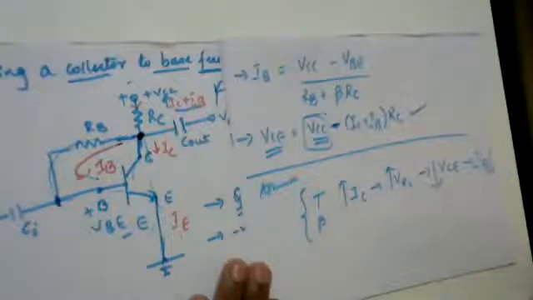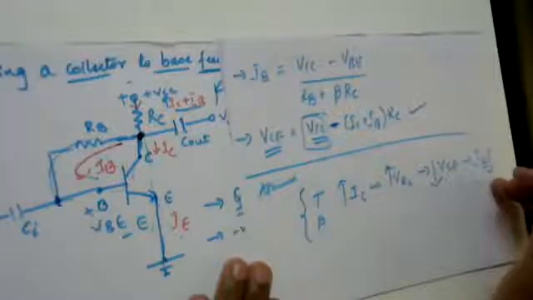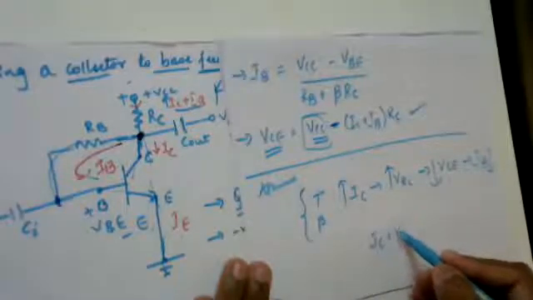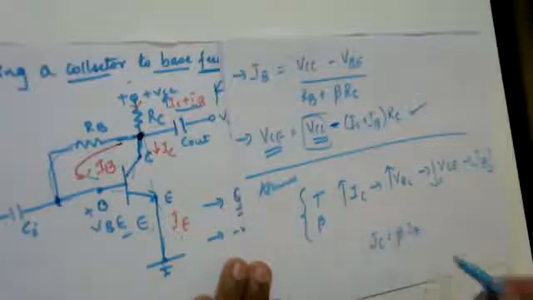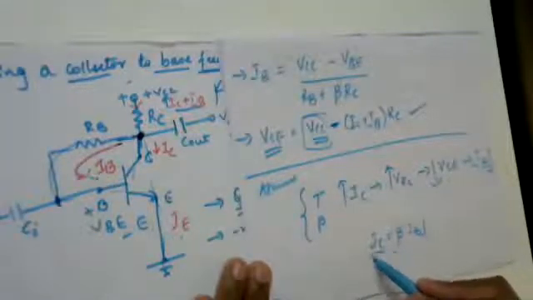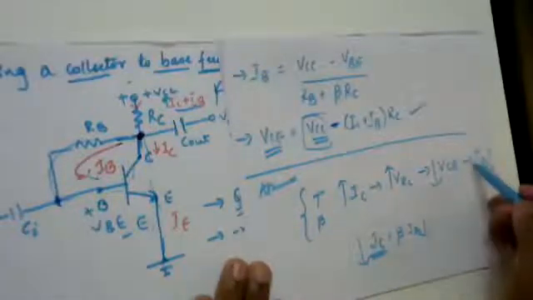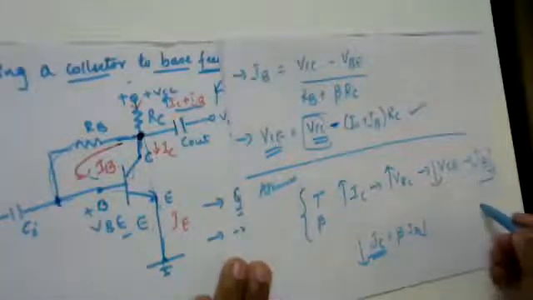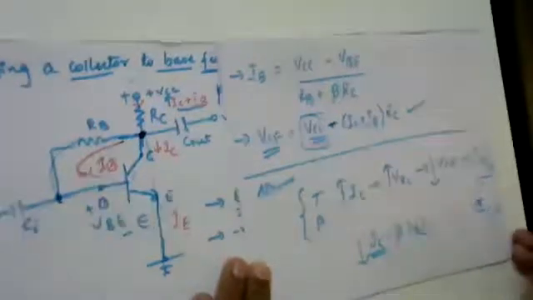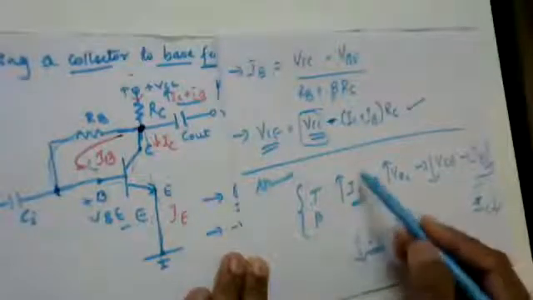IB decreases. We know a simple equation, IC is beta times IB. Since IB itself is decreasing, IC also decreases. So a decrease in IB will make a proportional decrease in IC. So it is compensating for the rise in IC which was seen prior.